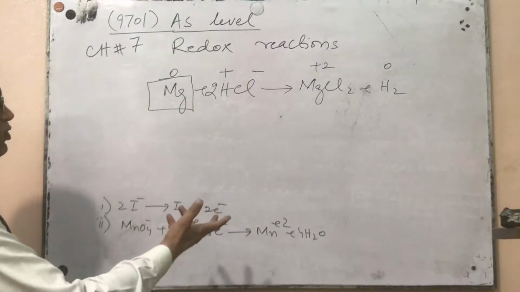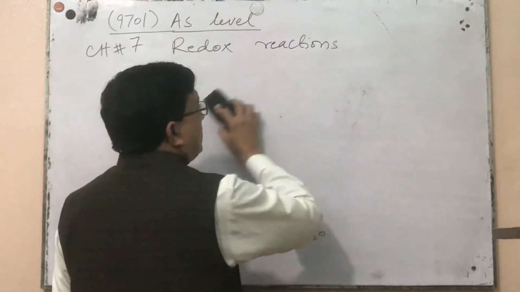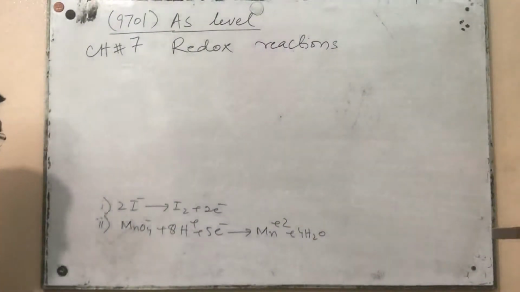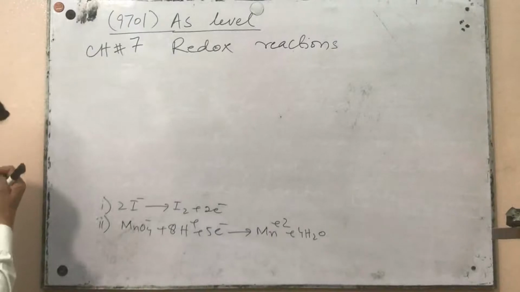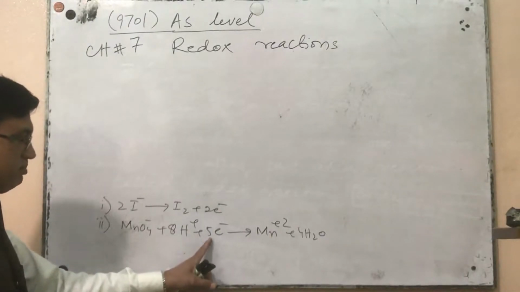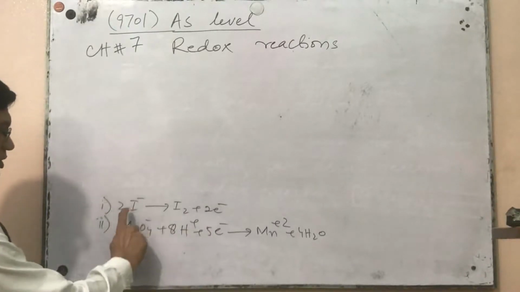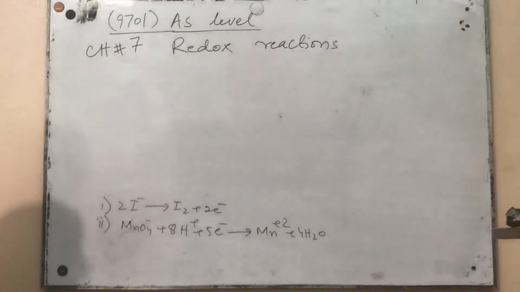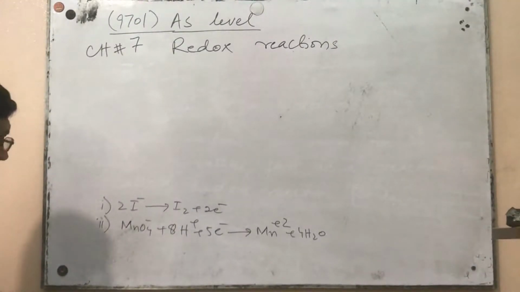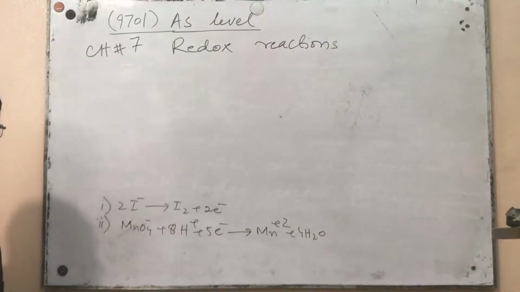Now, how do we balance the half ionic equations? For example, this is the equation. We have to balance these two half equations. We have to just balance the electrons gained or lost. In the first equation, the electrons are lost, which means that oxidation is taking place. But in the second equation, electrons are gained, which means that reduction is taking place.